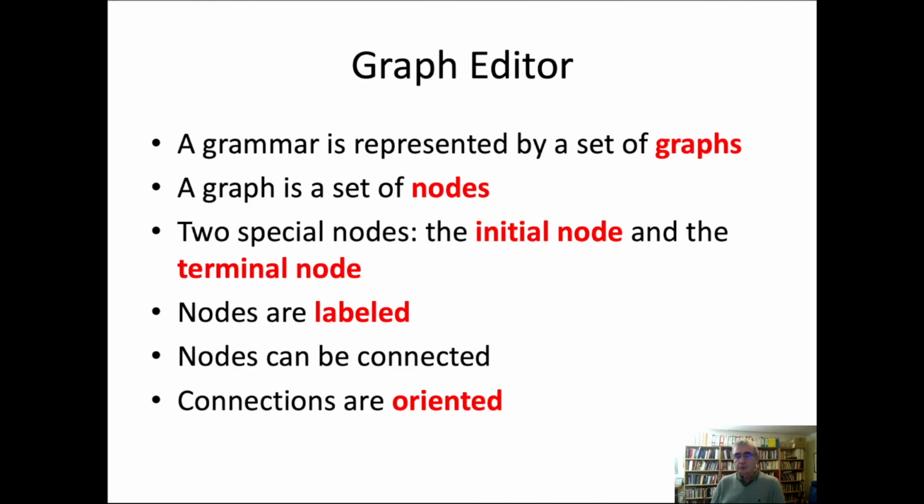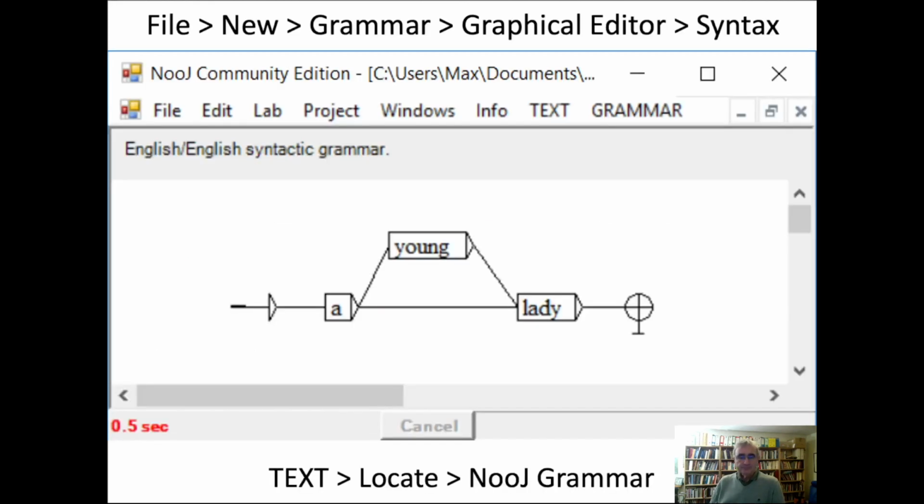So in order to see concretely what a graph looks like, this is a graph. It has 1, 2, 3, 4, 5 nodes. This is the initial node. This is the terminal node, and we have connections.